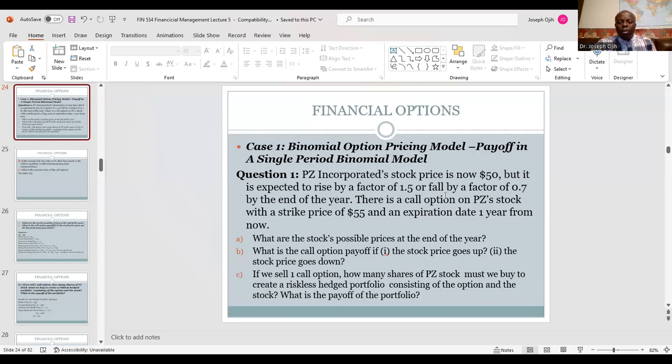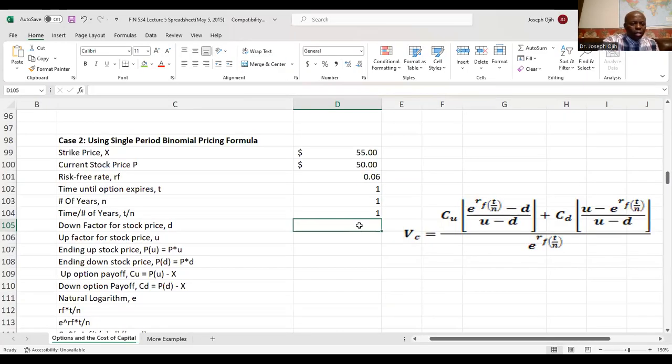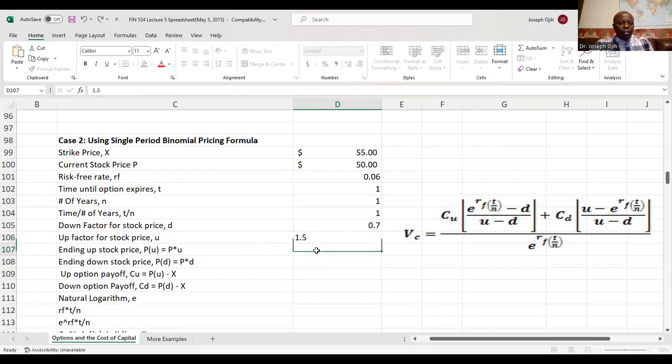This is the up factor. Or to fall by a factor of 0.7, which is the down factor. So the up factor is 1.5 and the down factor is 0.7, and up factor U is 1.5. That's the up factor for stock price. So the ending up stock price equals the price of the stock, P, times the up factor, which is 1.5.